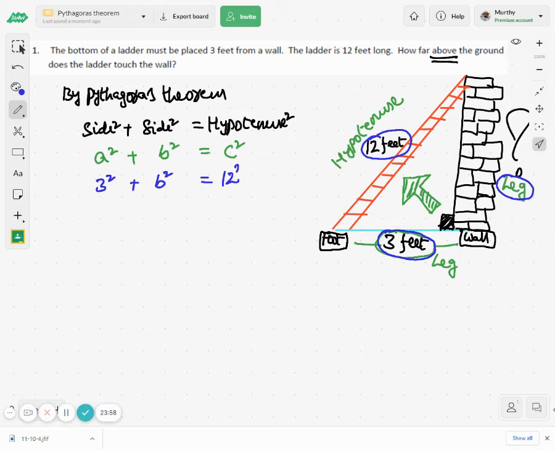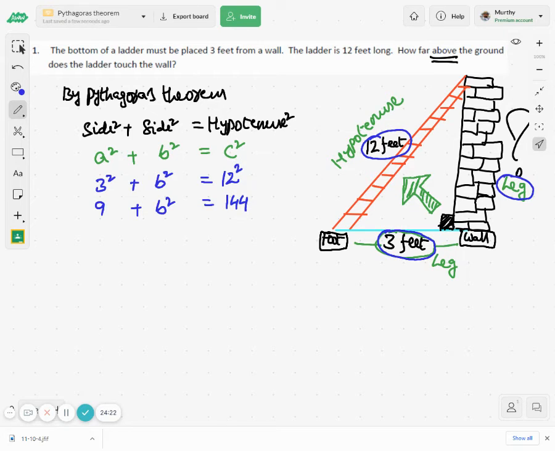According to the formula, I have to use squares, so 3 square means 3 times 3, that gives me 9, plus b square equals 12 square. 12 times 12, not 12 times 2, is 144.